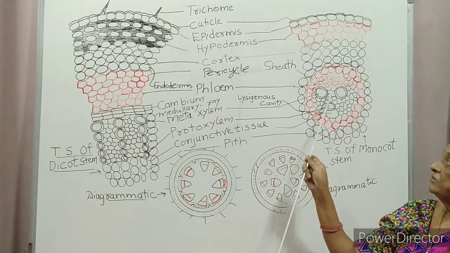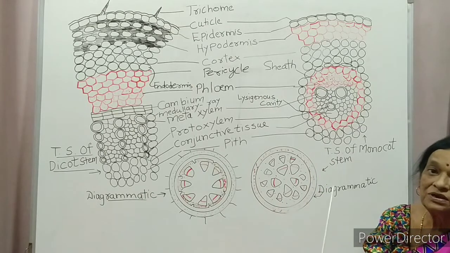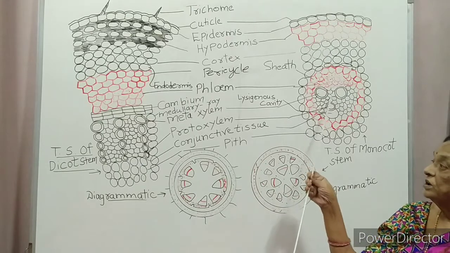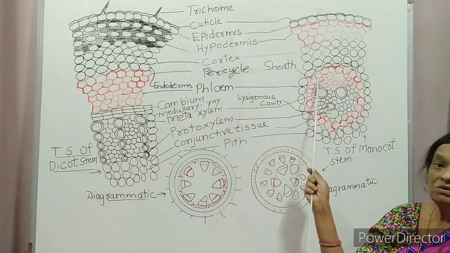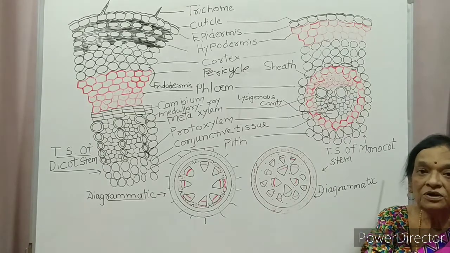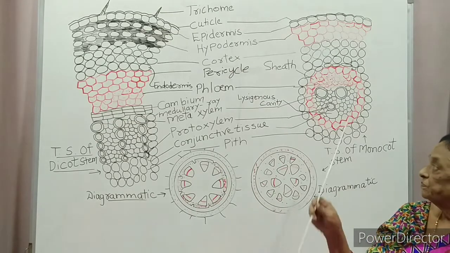Collateral. Phloem and xylem are situated on the same radius. It is called conjoint. And no cambium, so closed. So how is the vascular bundle of the monocot stem? Conjoint, collateral and closed.